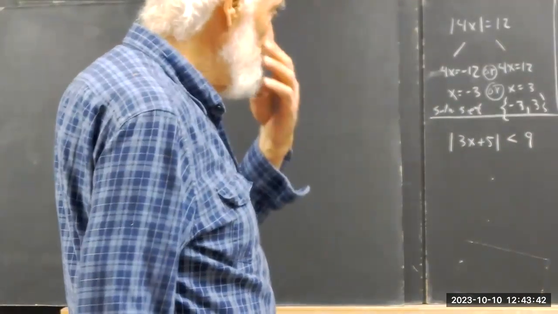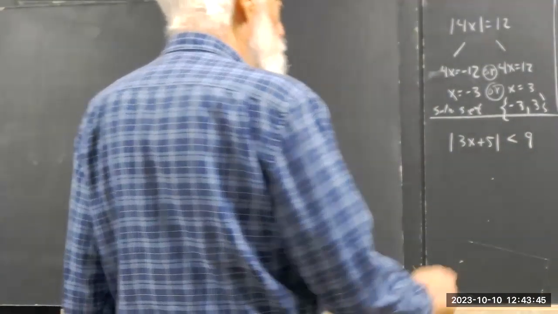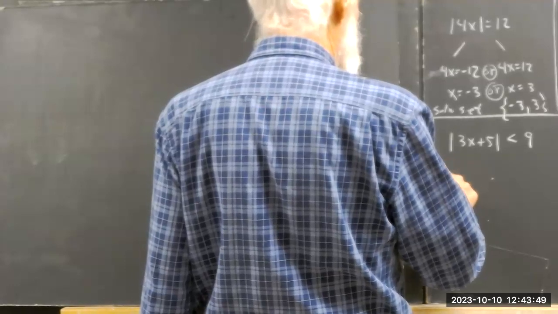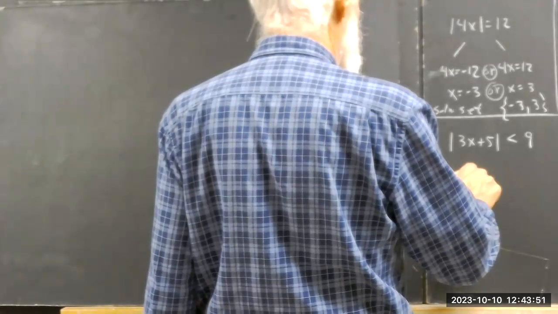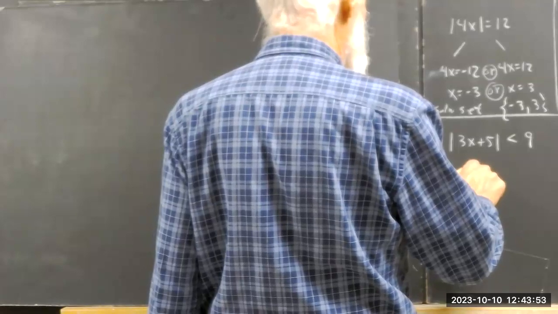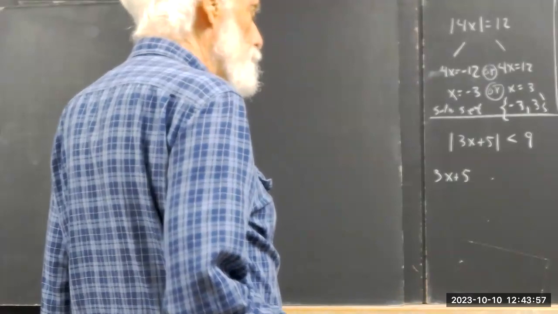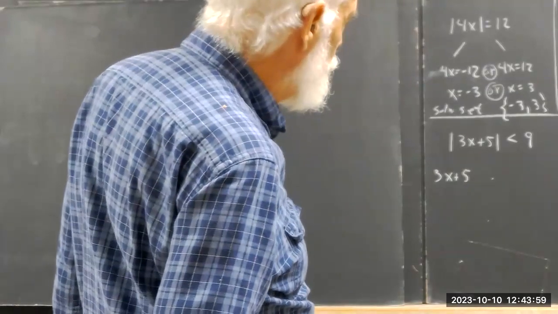absolute value of 3x plus 5 less than 9. Well, that means now this splits a little more subtly. Okay, let's think about it.